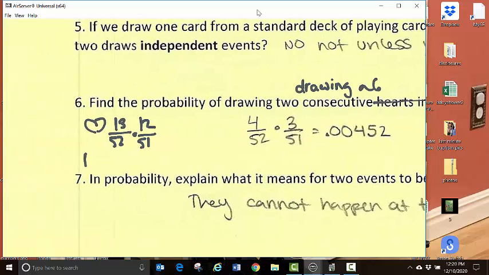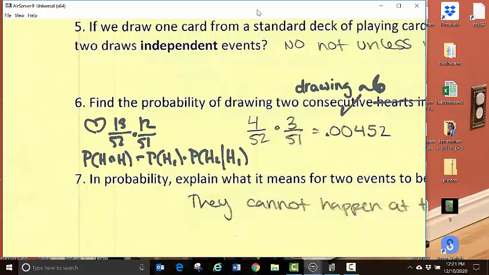That would have been the probability of getting a heart and a heart is the probability of getting heart 1 times the probability of getting heart 2 given already got heart 1. I don't think you need that specific type of writing, but it doesn't hurt to say that. So this one would actually be drawing just a specific number, something like a 6. This one was dependent on that one. Okay.